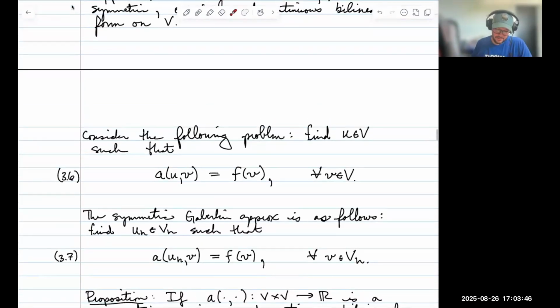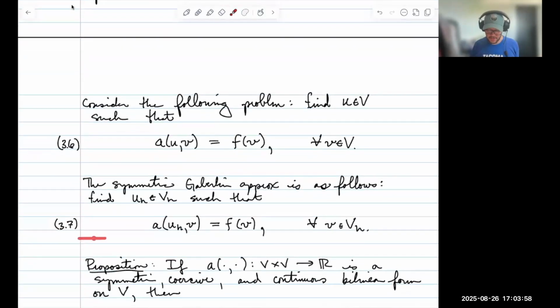So in structure, our symmetric problem is exactly the same as our original problem, which I think I called 3.1, and our symmetric Galerkin approximation is the same as the abstract Galerkin approximation. The only difference is that underlying all of this, A is a symmetric bilinear form.